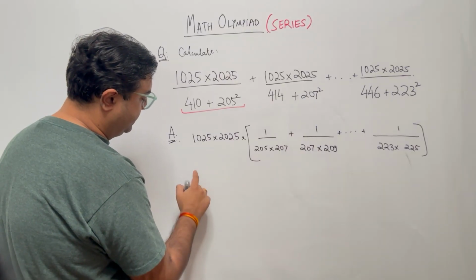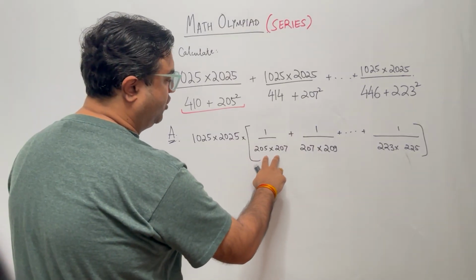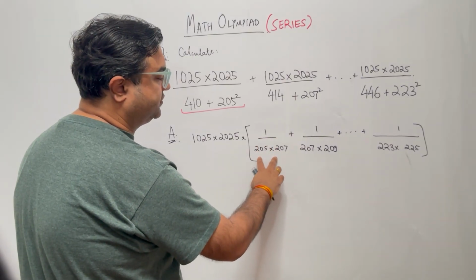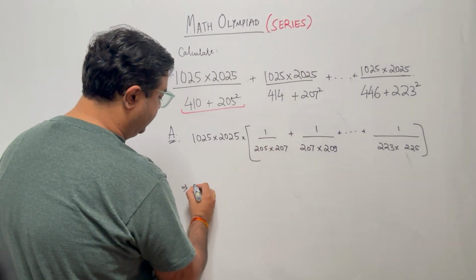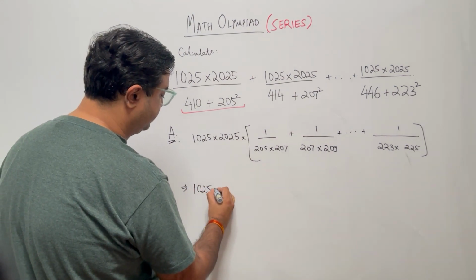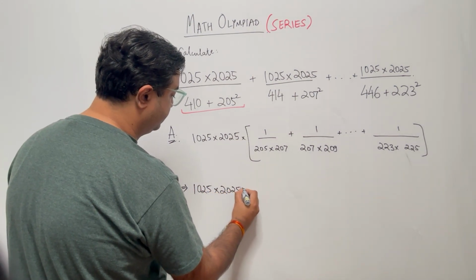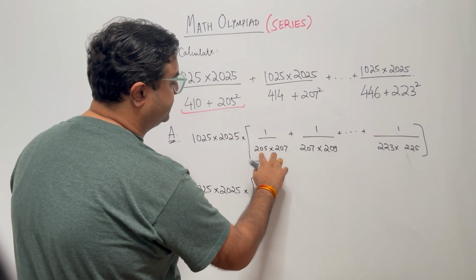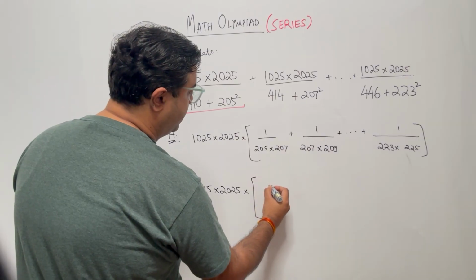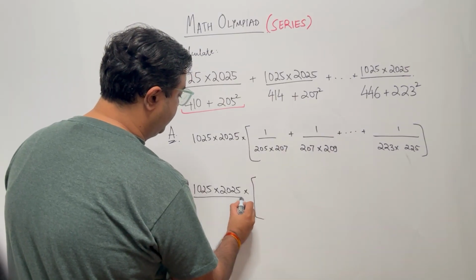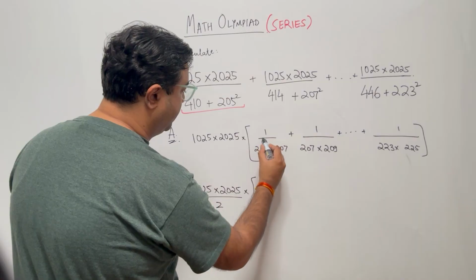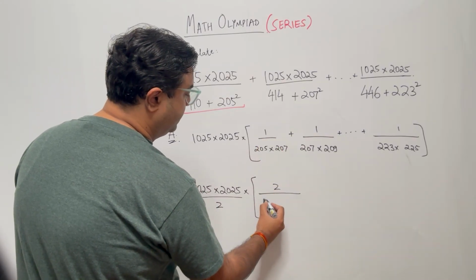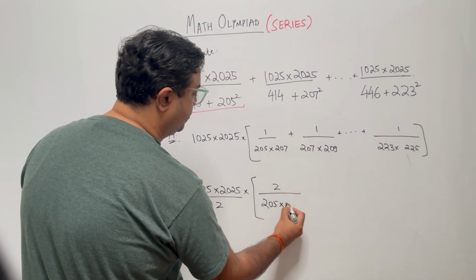Now we have to split it into two different fractions. So we write the same thing here. How do we split? If we divide this whole thing by 2 and then multiply by 2 on the top, this is not going to change, right?